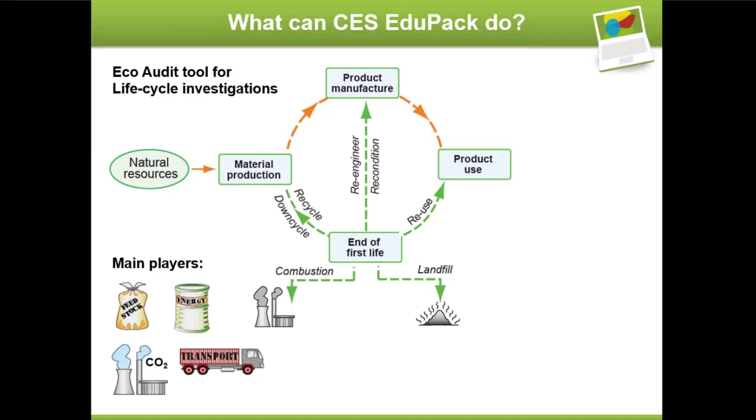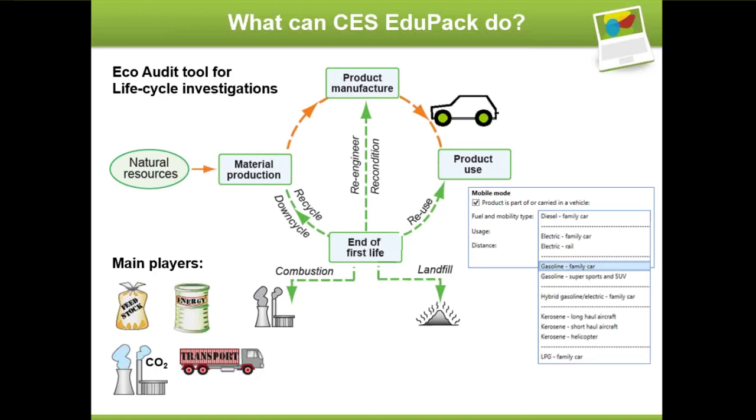So from the material production right through to manufacture, product use and end of life. And it looks at the energy used over that life cycle and also the carbon footprint. And it thinks about the feedstocks, what energy is used in production, and also how the product is transported as well.